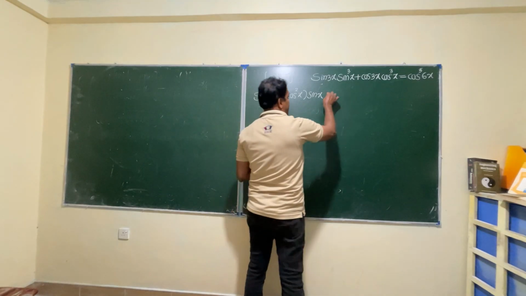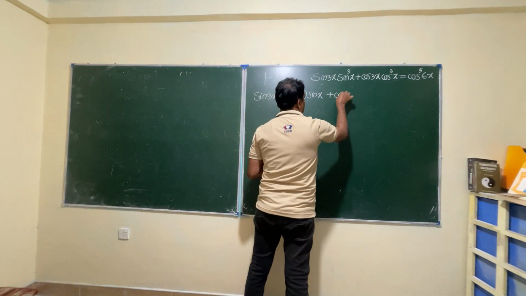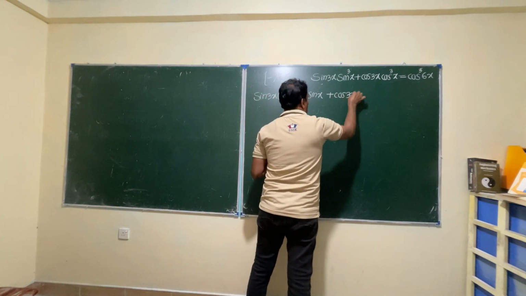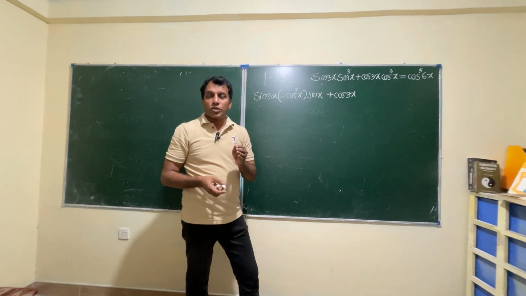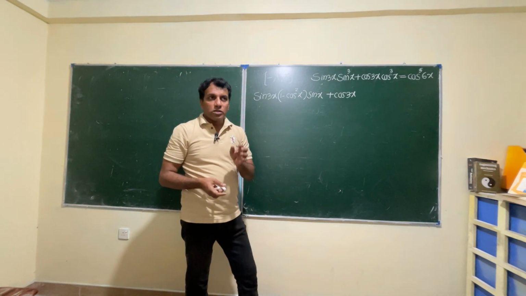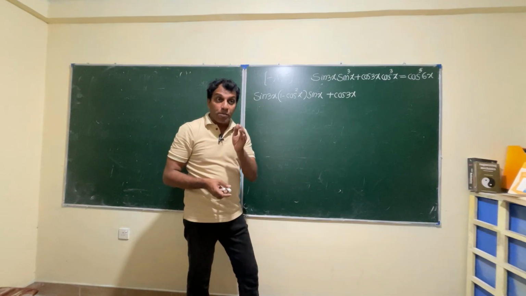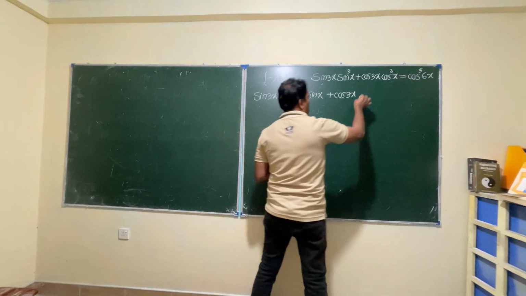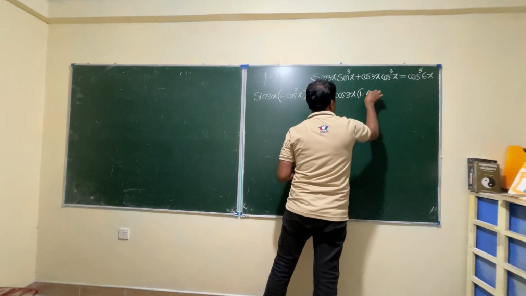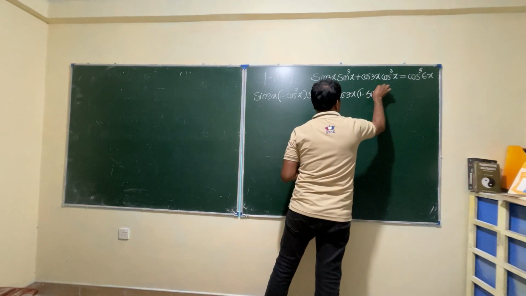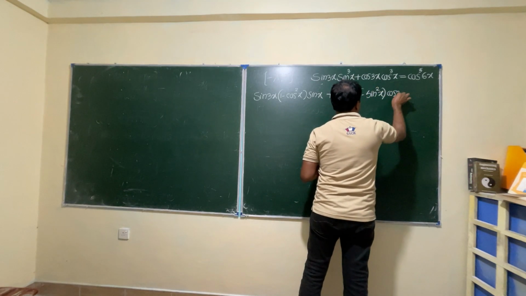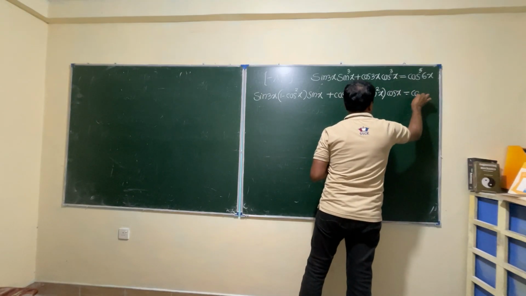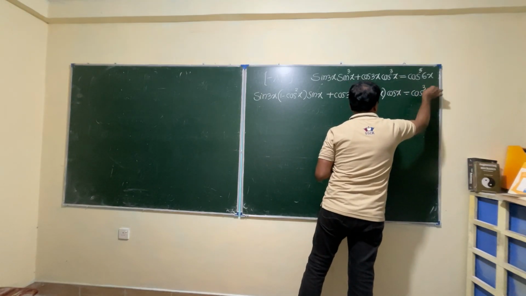Come back to the same pattern here, cos 3x, what is cos cube x? Cos square into cos. Cos square is 1 minus sin square, into cos x. The other side, cos cube 6x.